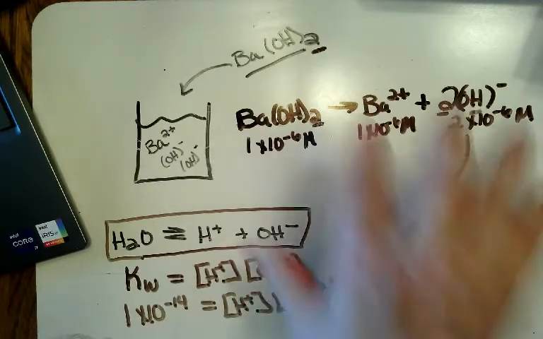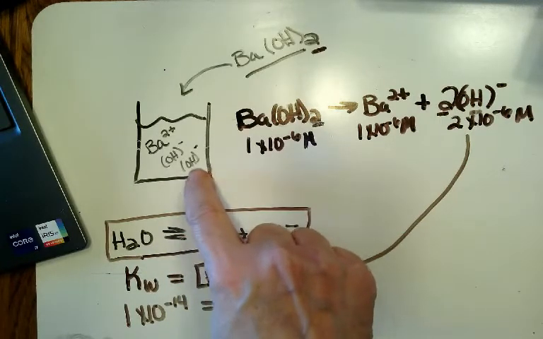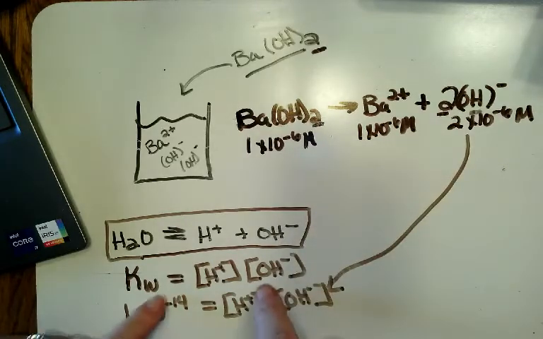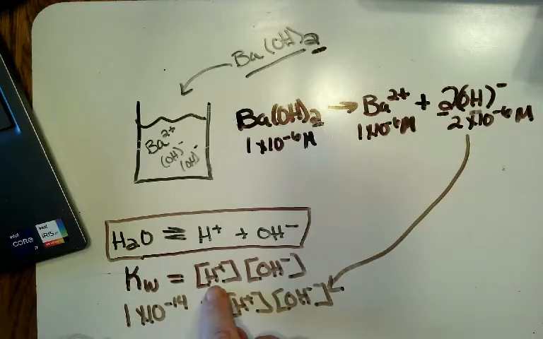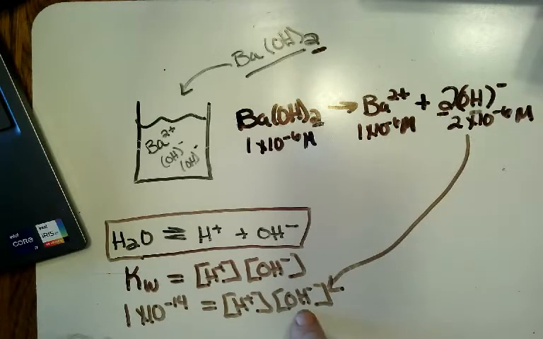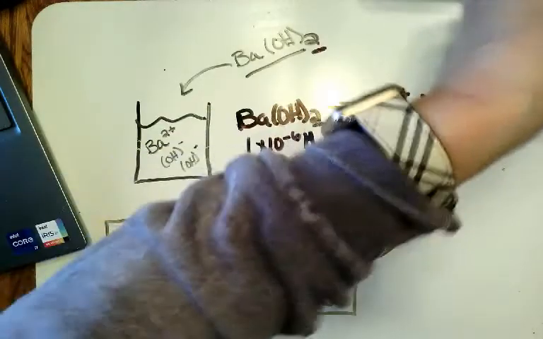We need to figure out the molarity of either the H+ or the OH- in whatever solution we put in, so we can plug it into this equation and solve for either the H+ or the OH-. It depends on what's going in solution. Here we have OH going in solution and we don't know the H+, so I can solve using the equilibrium expression for water.